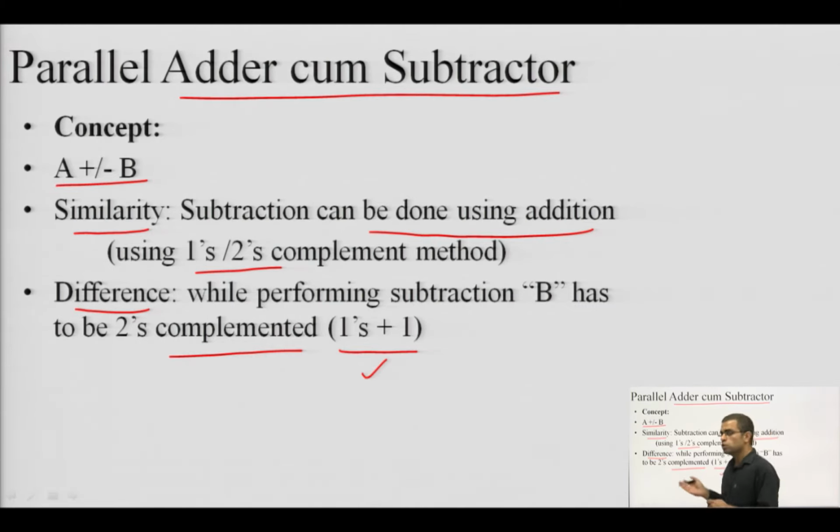But this 1's complement has to be conditional now, because while performing addition I do not want to perform the complement, because the numbers are to be directly added, but while performing the subtraction I have to first take the 1's complement of the negative number, and add 1 to that number's 1's complement to generate its 2's complement, and that 2's complement of the number will be added to the actual number.